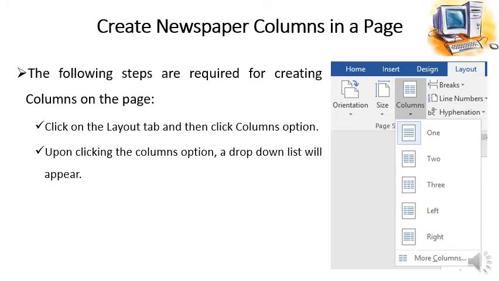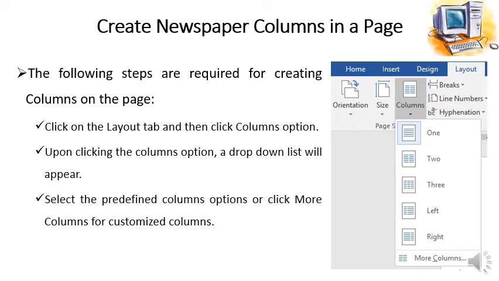Select the predefined columns options or click more columns for customized columns. So from this list we can select the predefined number of columns, and if you want to customize the number of columns, for that purpose we have to click on the more columns option.